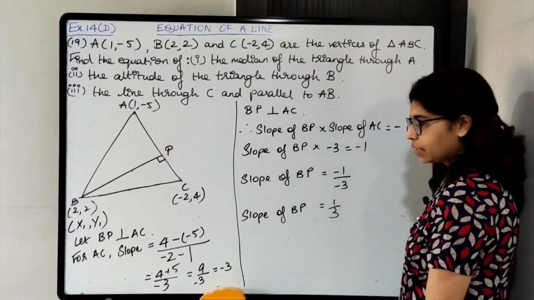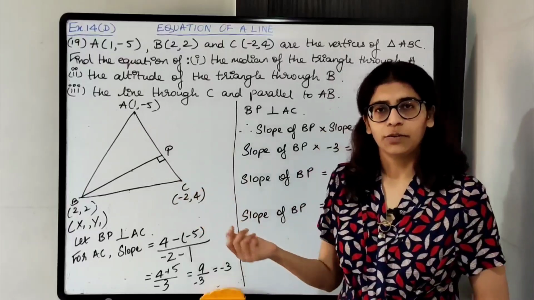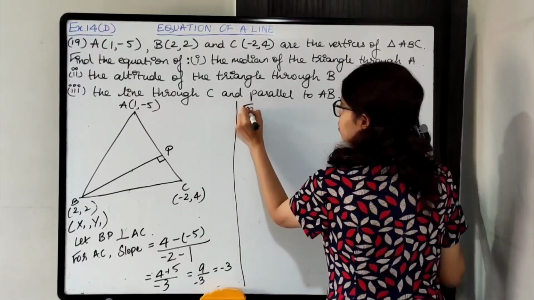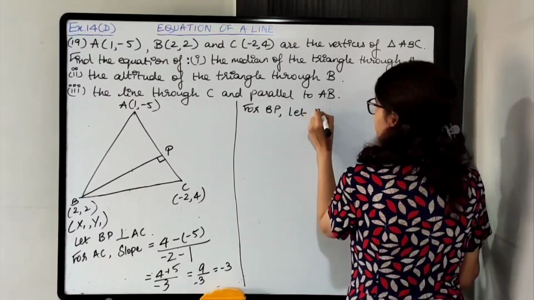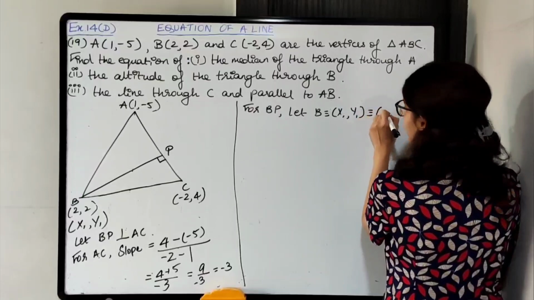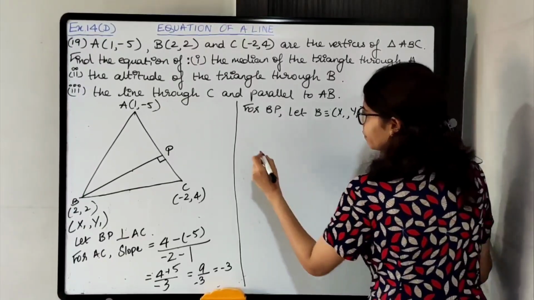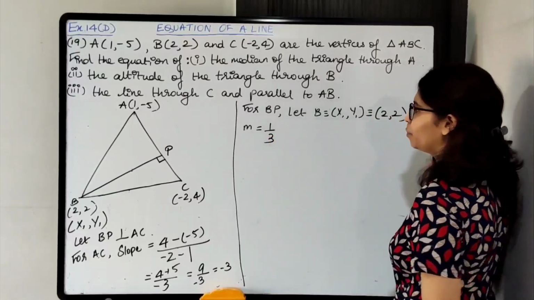All right. We have slope, we know B's coordinates. Let's find out the equation now. For BP, let B be capital X1 Y1, which is 2, 2, and slope we know is 1/3. We just found the value.